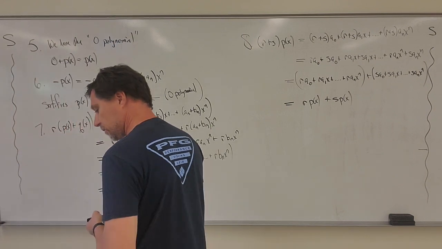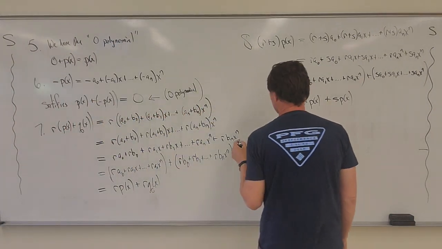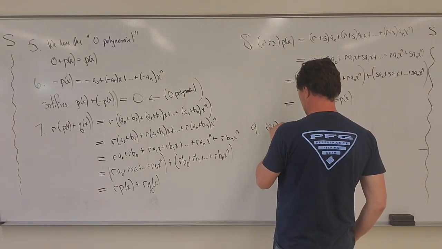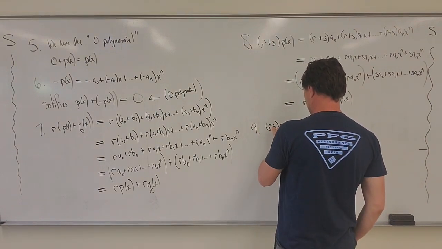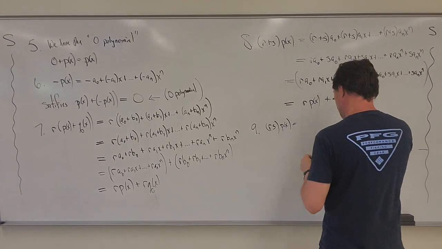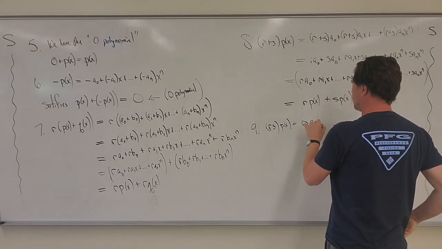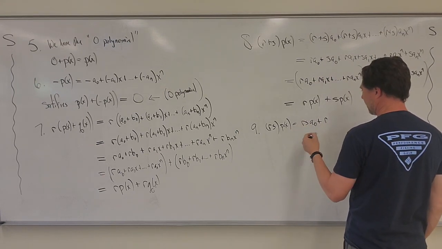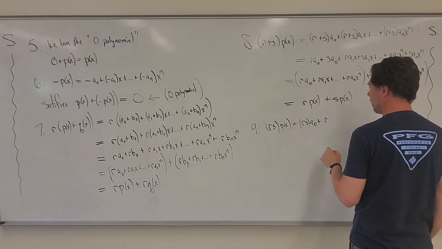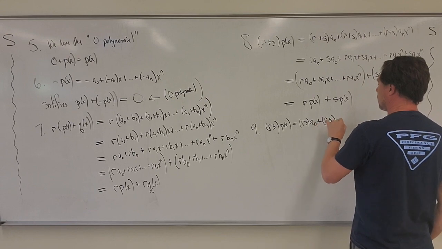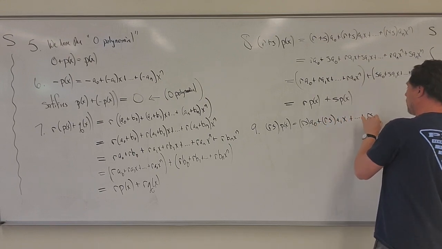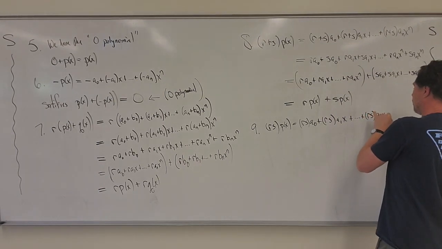So two more axioms. Number 9, if I do rs times p of x, that's going to be rs a0 plus, I'll put the parentheses here, rs a1x plus dot dot dot rs a n x to the n.